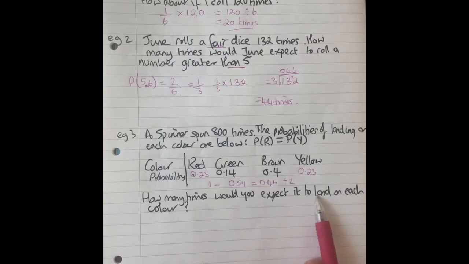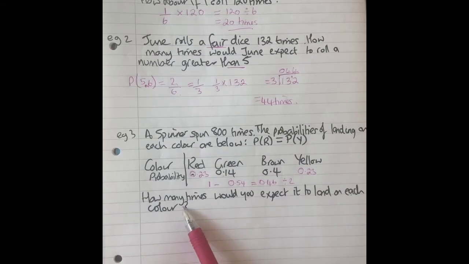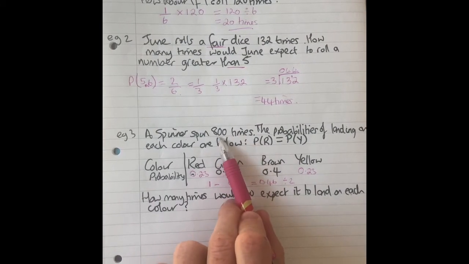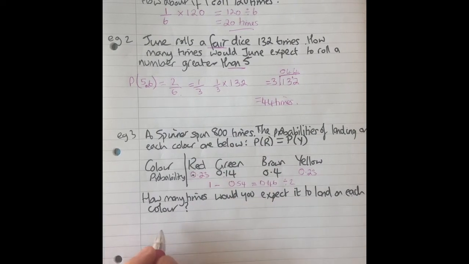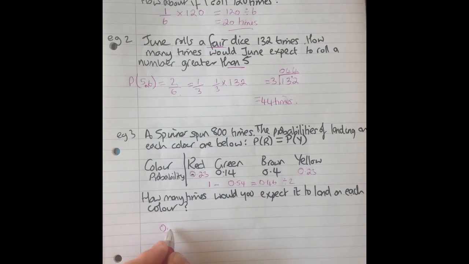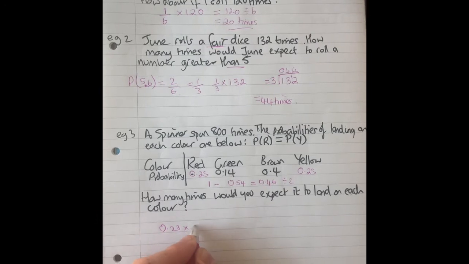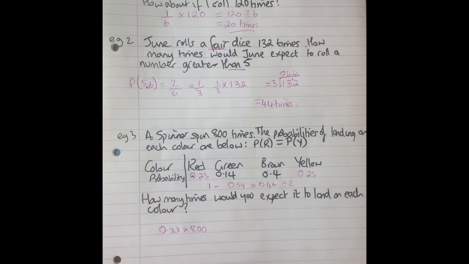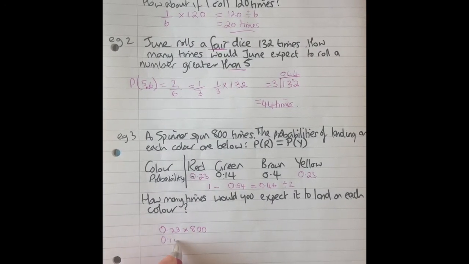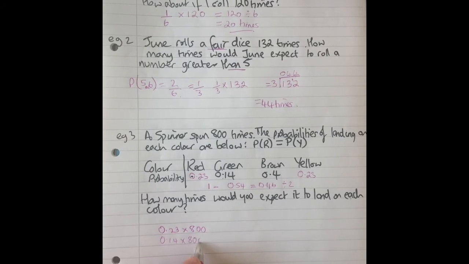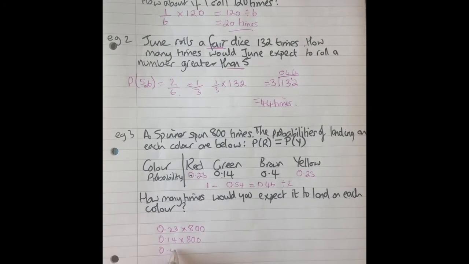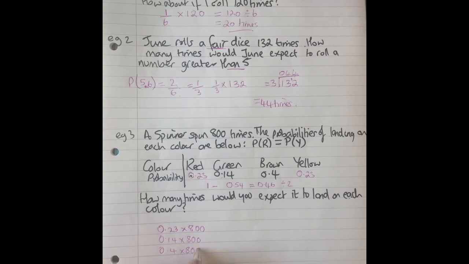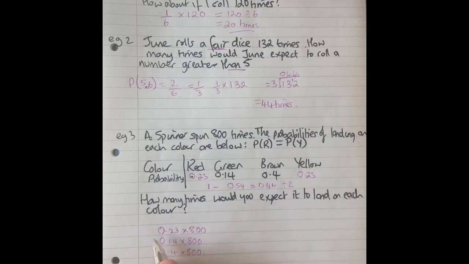How many times would you expect it to land on each colour? Right, so 800 is the number of times, and that's the probability. So we need to do, for red, 0.23 times 800. For green, we need to do 0.14 times 800. For brown, we need to do 0.4 times 800. And then the last one's the same, yellow's the same as the first one.